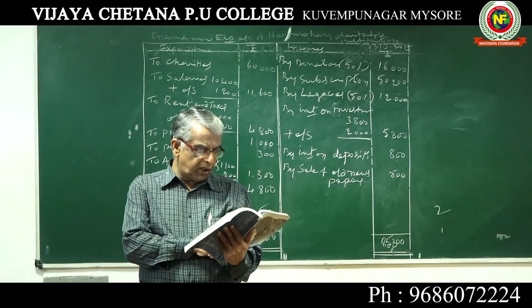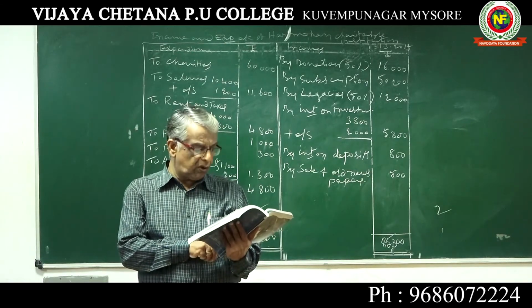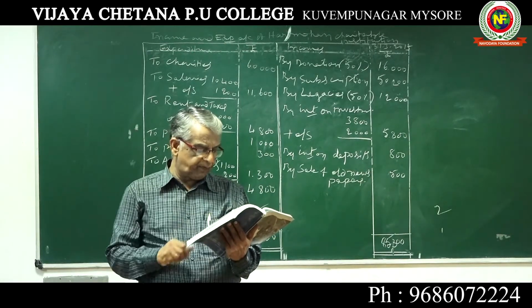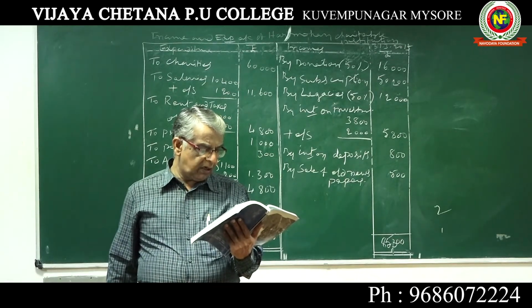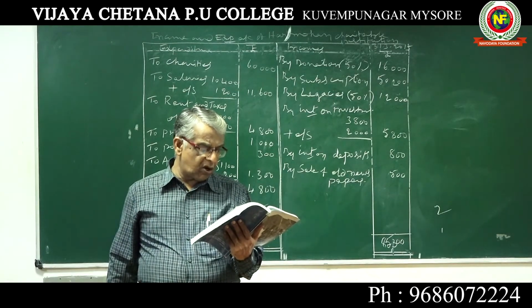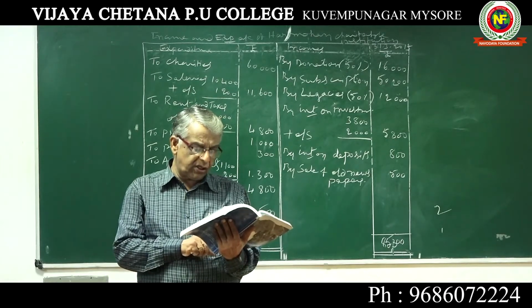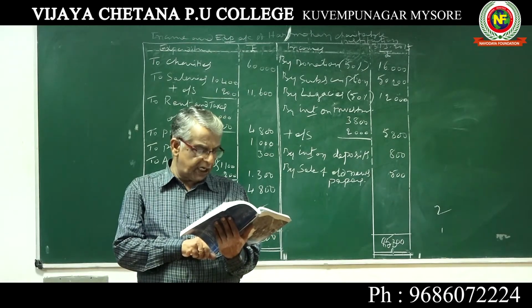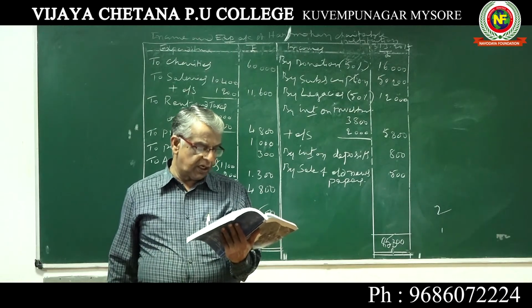Purchase of books and periodicals 40,000. So this 40,000 includes 31,000 rupees for purchase of books, and rent 15,000. Postage and telegrams and telephone rupees 6,000. Printing and stationery rupees 18,000. Donations received 25,000.